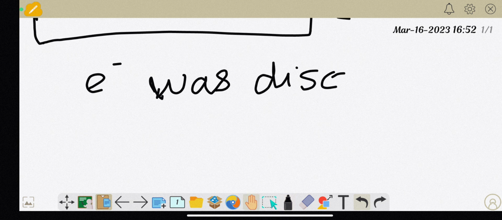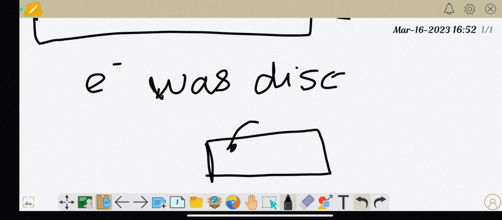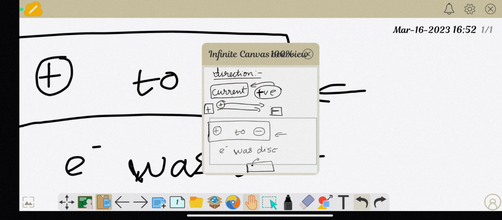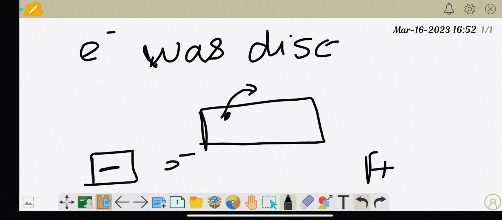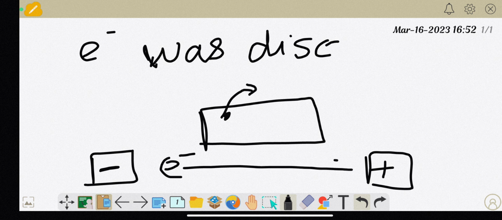In metals, there are free electrons. Electrons are free to move within the metal, and these electrons are responsible for this current. Now which is right? This is right or this is right? It is the direction of flow of current. Electrons will travel from negative terminal to positive terminal. They will be attracted to the positive terminal, right?